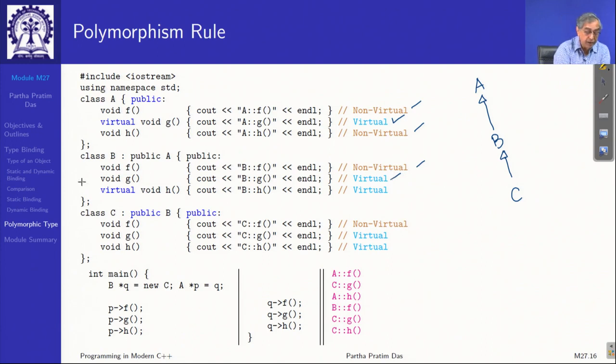You have not written virtual here. The rule is, once a function is virtual in a class, then in all its derived classes it is virtual. You cannot change that. But you can do the reverse. For example, here H is non-virtual, but while overriding, I have made it virtual. So, in class A H is non-virtual, but in class B H is virtual. So, B becomes a new root for the subsequent classes, where H will be treated as a virtual function.